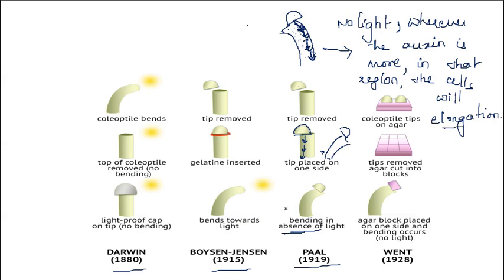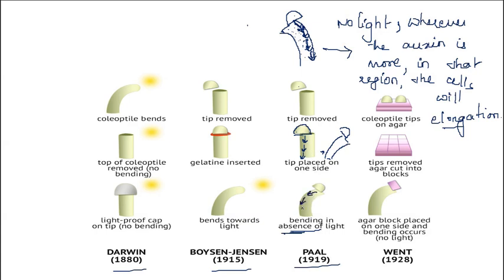Now there might be the confusion that auxin diffuses from the tip region to the downward region. So auxin can diffuse. Here we are seeing that the bending occurred in absence of light, that means here there is no light source.